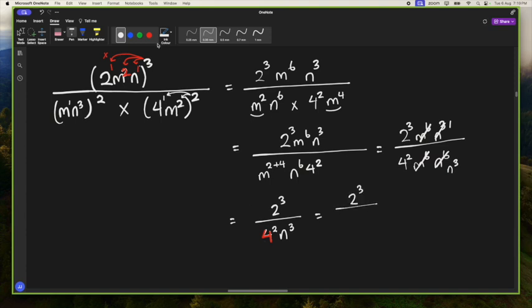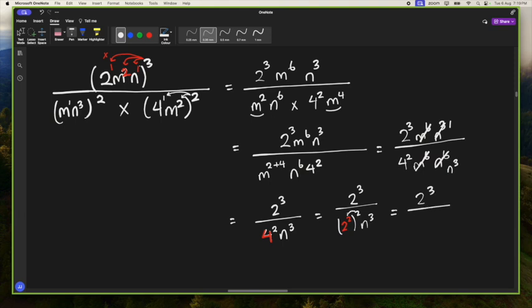What is 4? 4 is 2 squared. Isn't that what 4 is? Right? And so isn't that 4 being squared? Yeah, so that is 4 squared. This is 4 squared n cubed. So now we have 2 cubed all over.